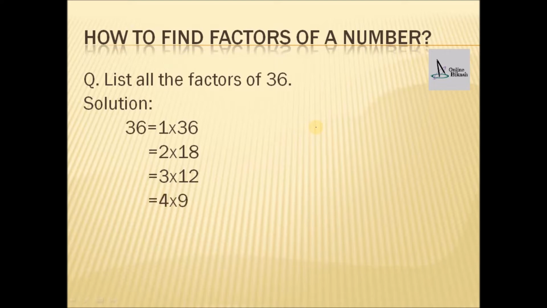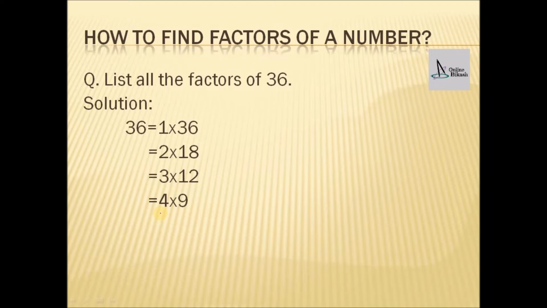After 4, what comes? You see, we have done our maths by using first 1, then we use 2, then we use 3, then we use 4. So after that, what we will use? 5. But can 5 divide 36? 5 cannot divide 36. So we have to skip that.